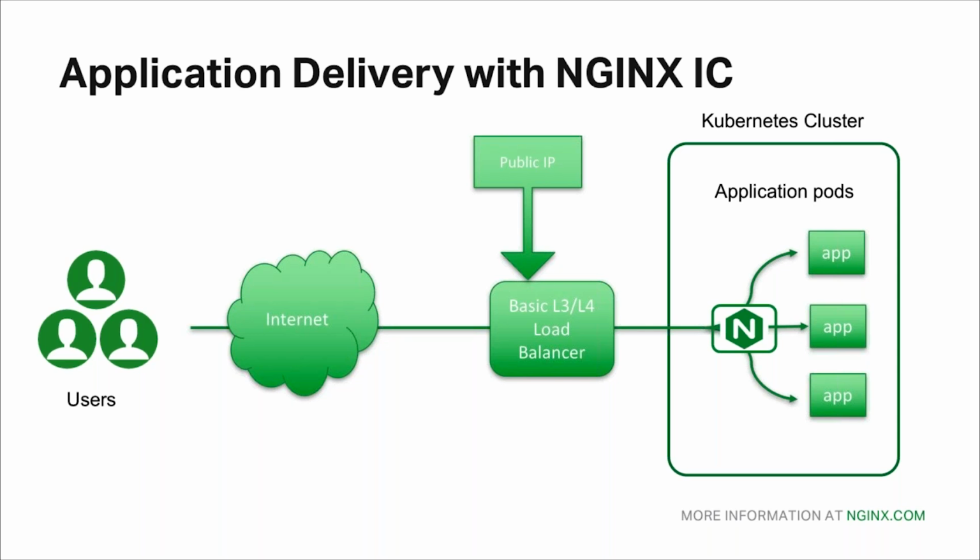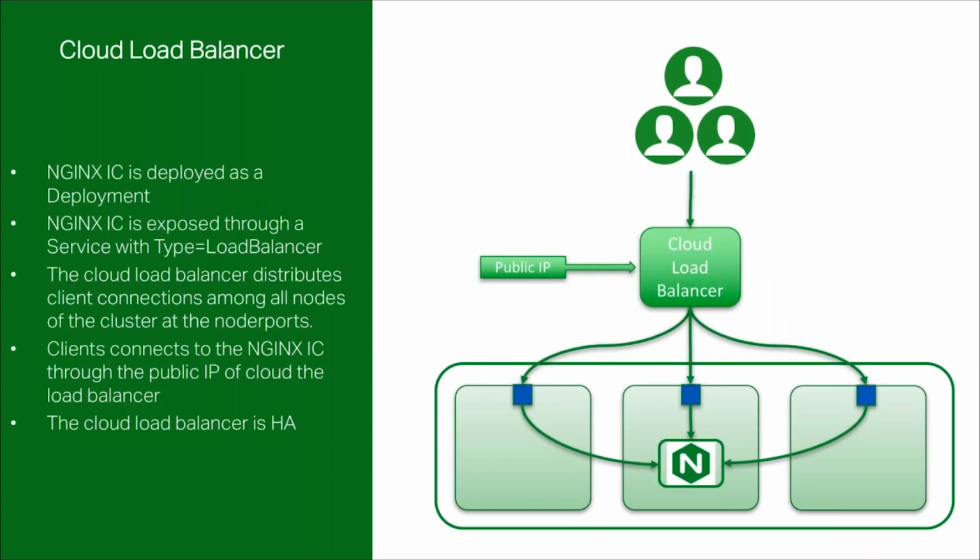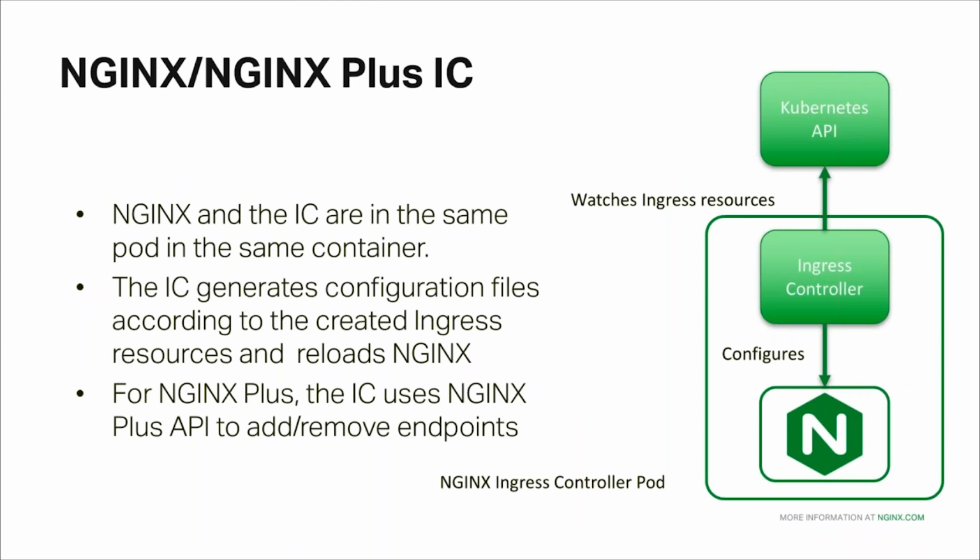Next question: we're using the open source version of NGINX. Is there any latency before a new rule is executed by the load balancer due to reload? Once you add a new rule, the Ingress controller can see that almost immediately through the API, and then it generates the new configuration for that rule and reloads NGINX.